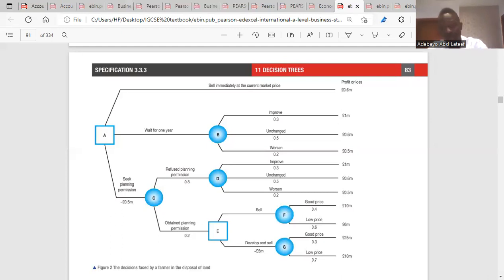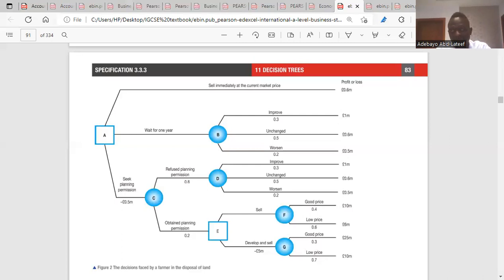But at a very good price of 25 million, with probability 0.3. The lowest price he would sell at is 10 million, with probability 0.7. Either way, he's still going to make a profit, because the cost is 5 million and the lowest price he could sell at is 10 million.